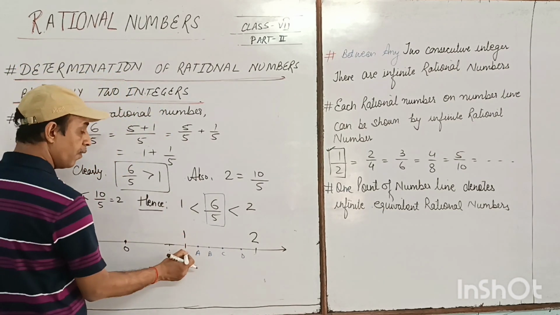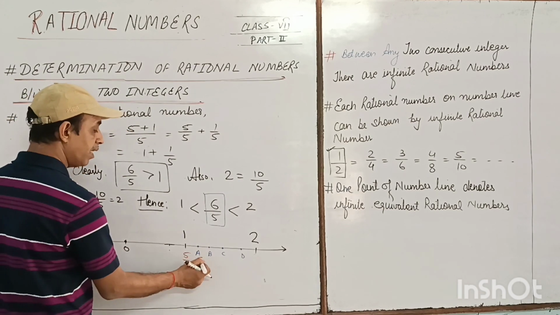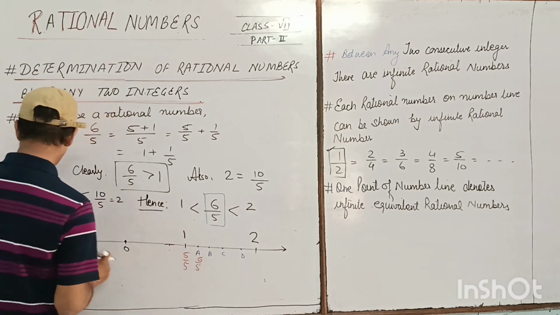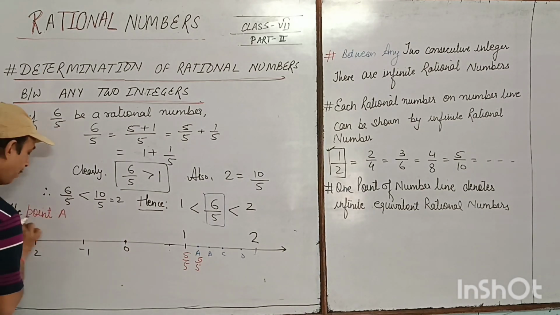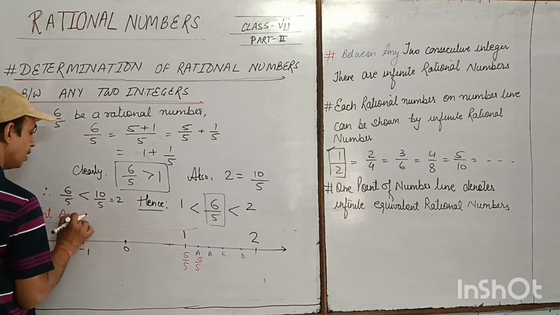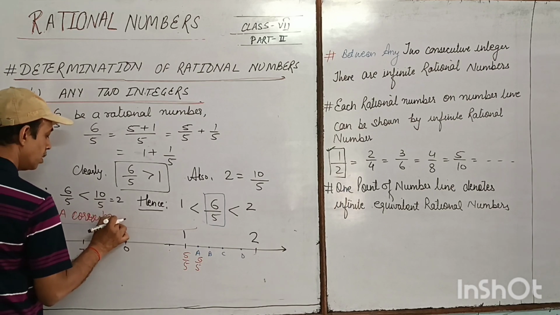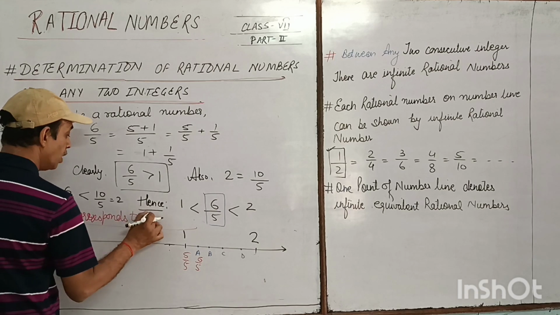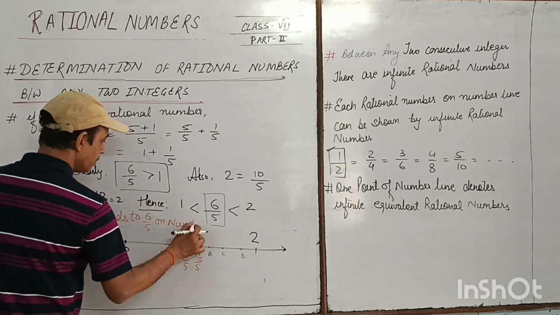If you remember, 1 we can write as 5 upon 5. This A will be 6 upon 5. That means the point A corresponds to 6/5 on the number line.